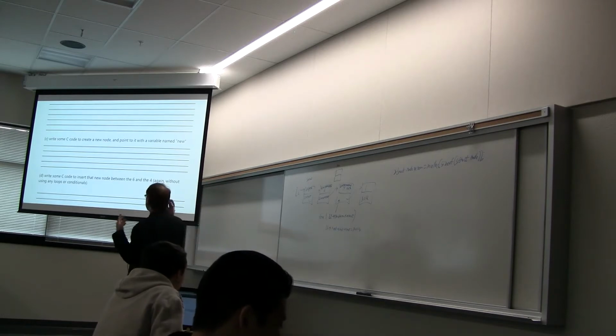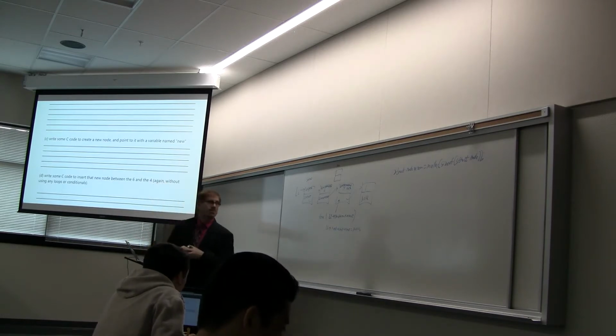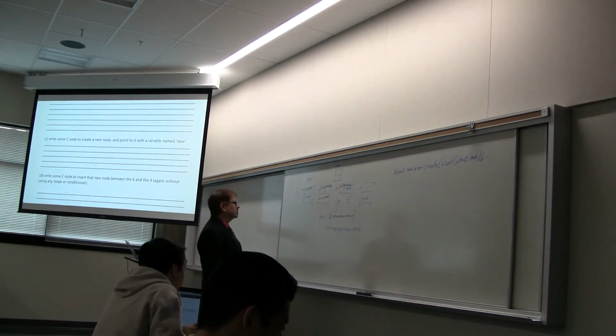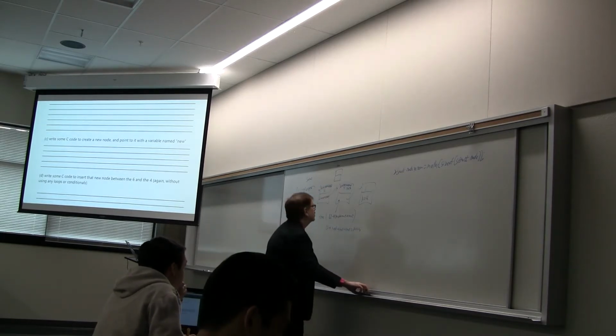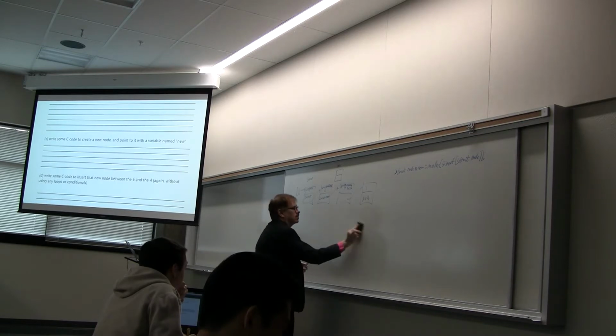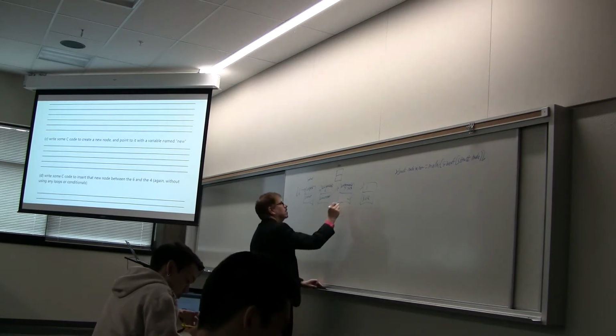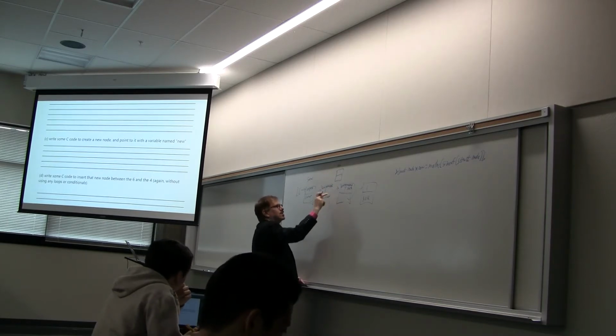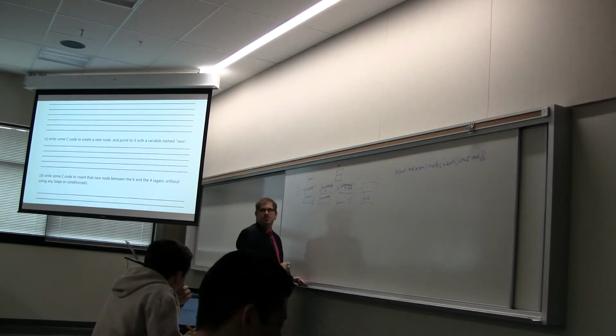And I didn't tell you what value to give the number, so you didn't have to give it a number. I just wanted to squeeze it in between here and here. So how do we do this? We basically need this to point over here, and then we need this to point to the new node.